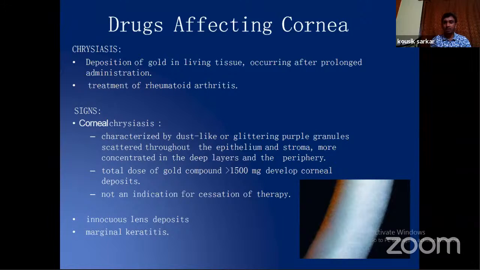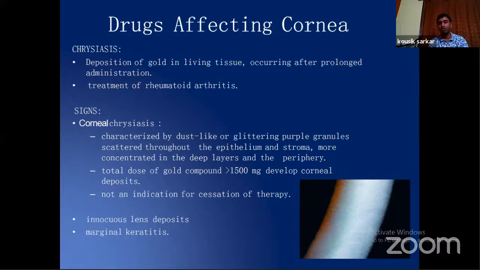Gold is a well-known agent which is usually used in rheumatoid arthritis. So, in a patient of rheumatoid arthritis in which gold is indicated, we can find this chrysiasis. It is characterized by dust-like or glittering purple granules scattered through the epithelium and stroma, more concentrated in the deeper layers and the periphery.